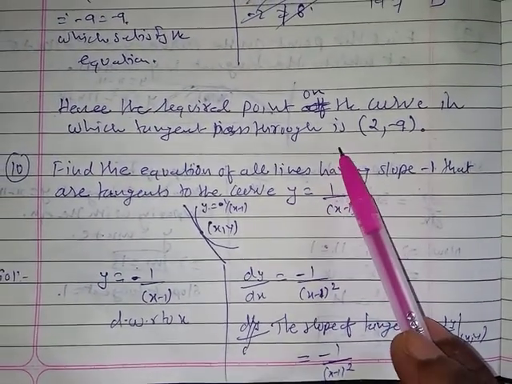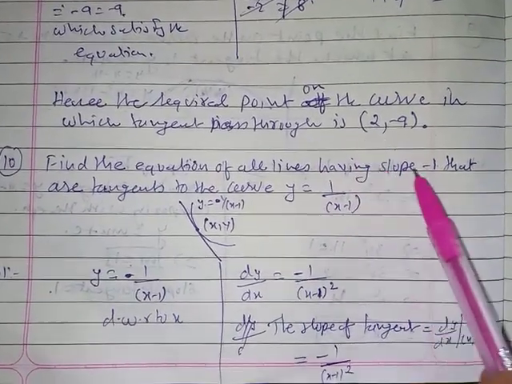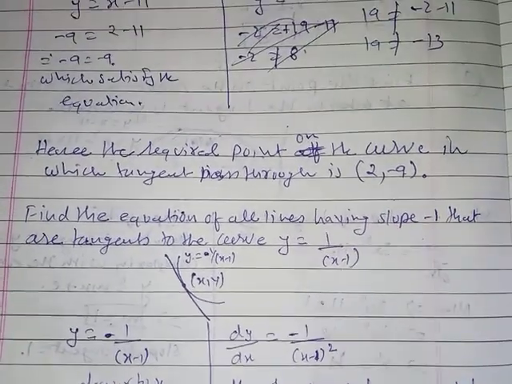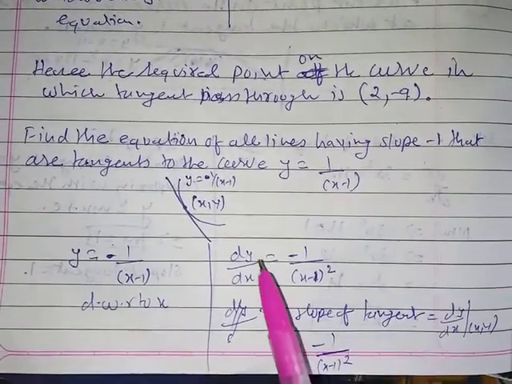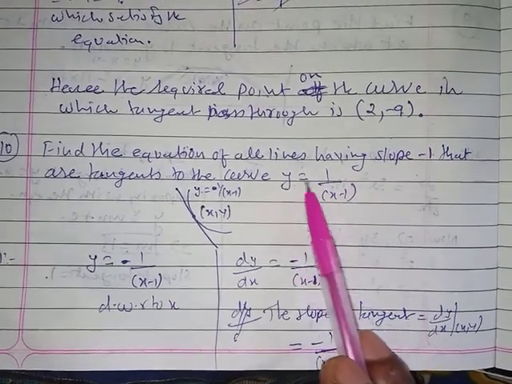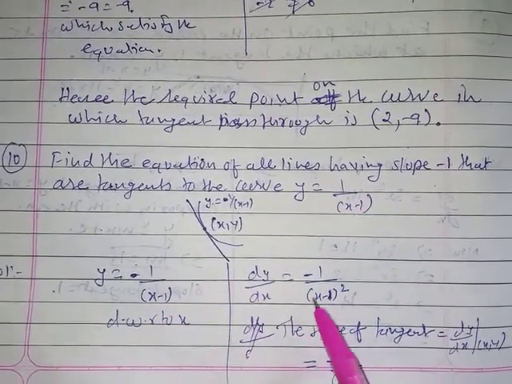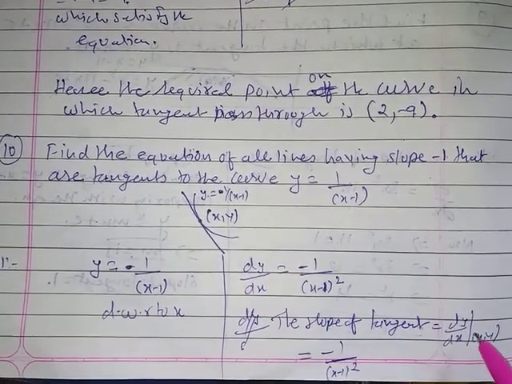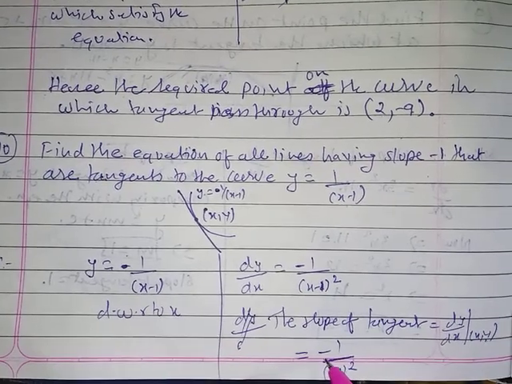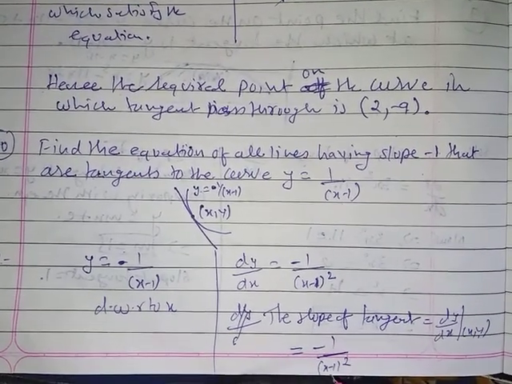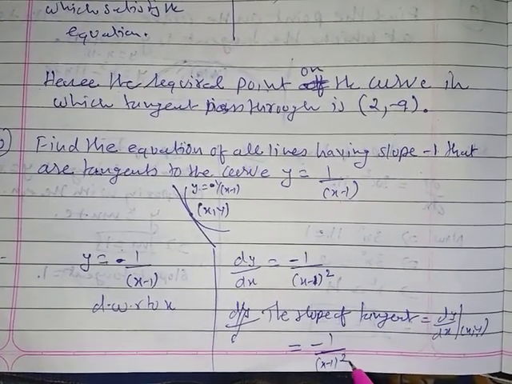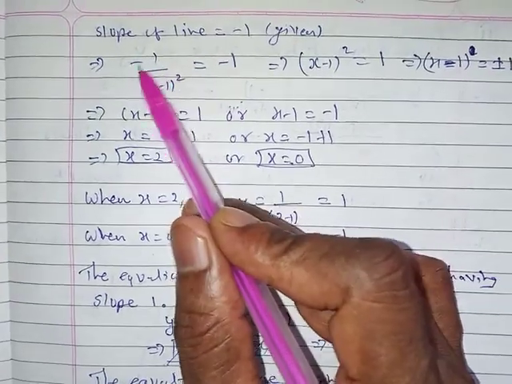So we'll get a point x, y and the slope, so we can get the equation. So let's do it. First, dy by dx, the derivative at point x, y, will be minus 1 upon x minus 1 whole square. It will be equal to minus 1.